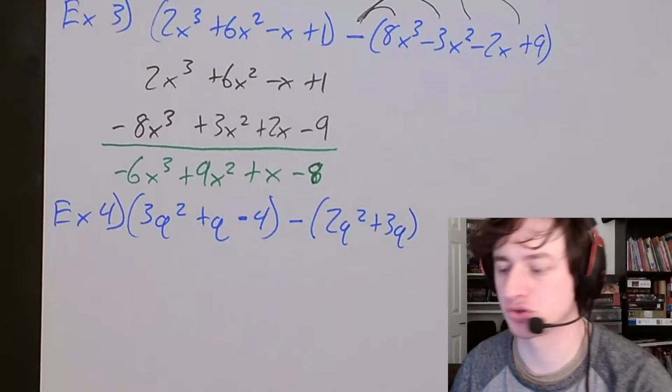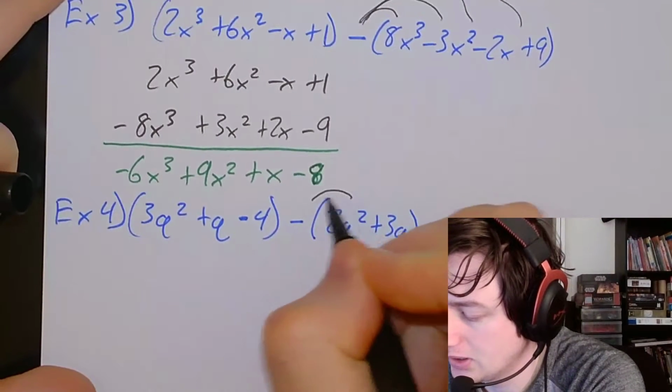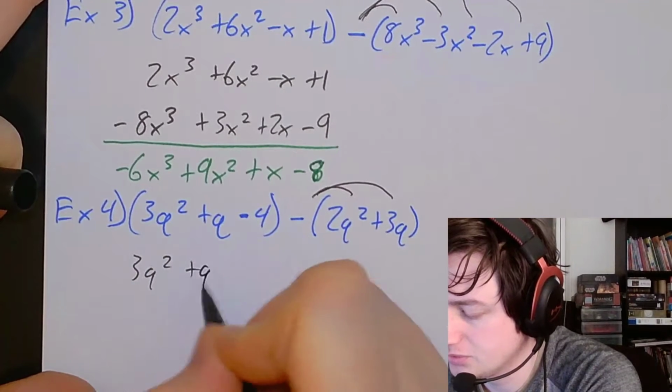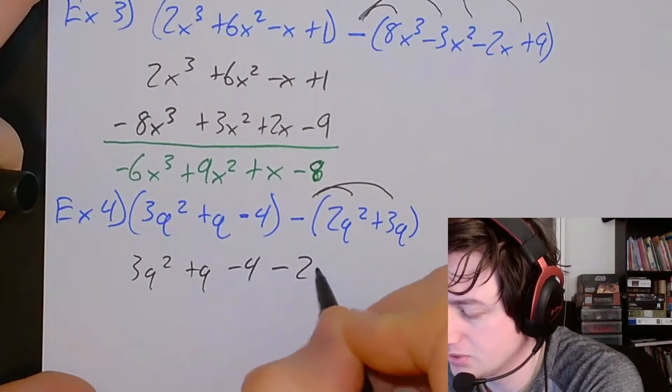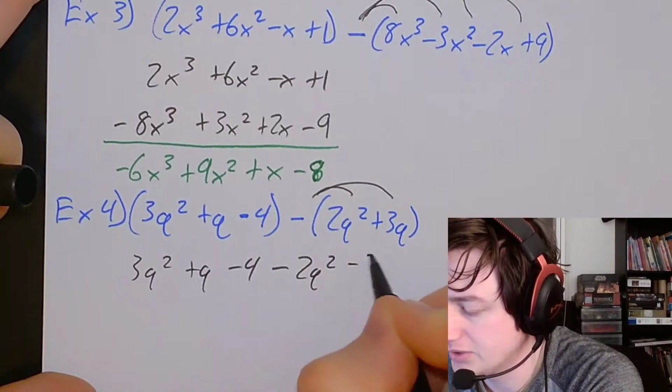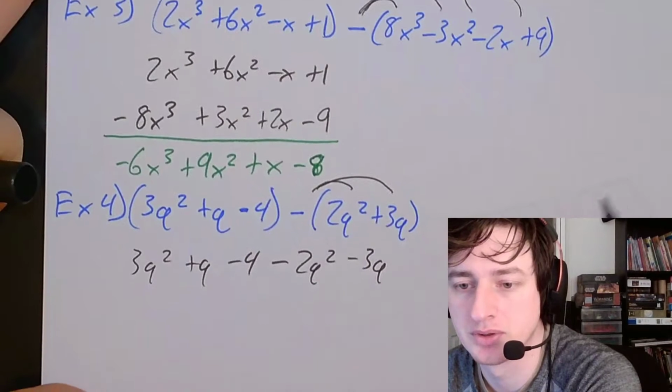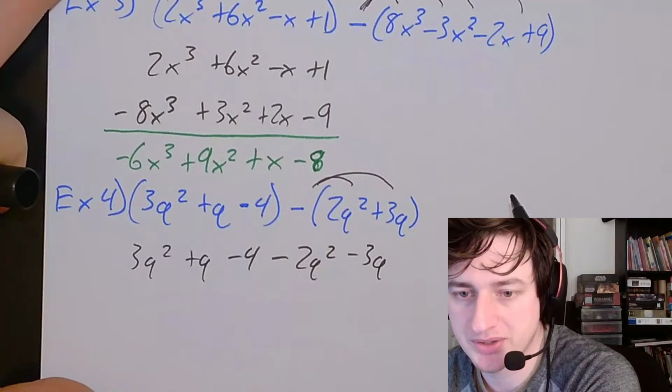I am going to distribute this negative in here. So we get 3q squared plus q minus 4 minus 2q minus the 3q. So both of these become minuses. Distribute the negative. And then we just need to combine like terms.